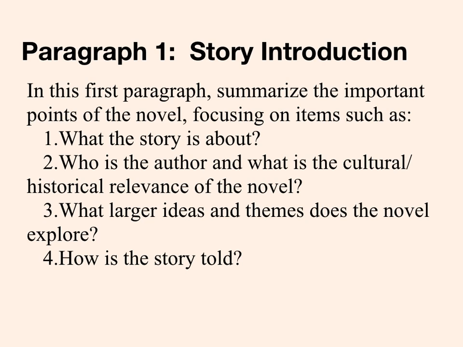In this first paragraph, summarize the important points of the novel, focusing on items such as what the story is about, who is the author, what is the cultural historical relevance of the novel, what larger ideas and themes does the novel explore, and how is the story told. When I ask what the story is about, give me an overall plot viewpoint. What's happening in the story. You could focus on whichever character that you selected.